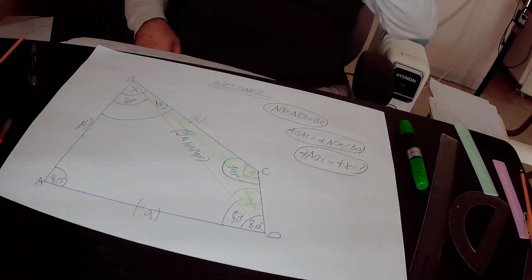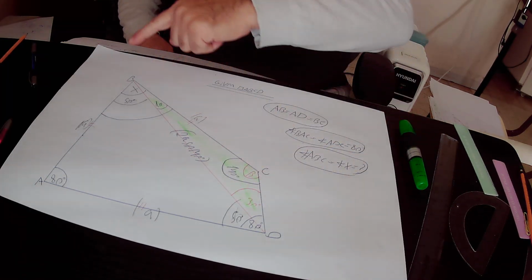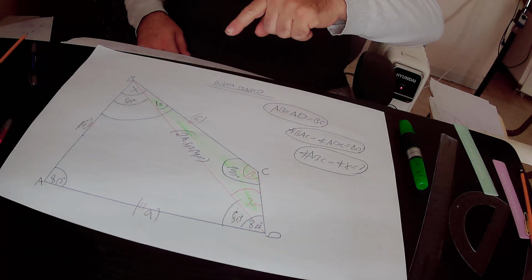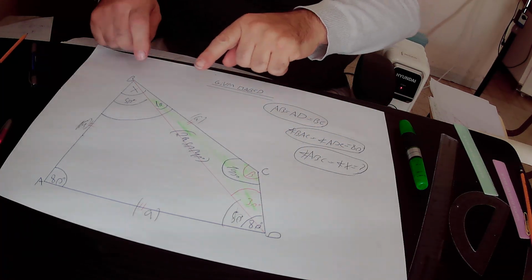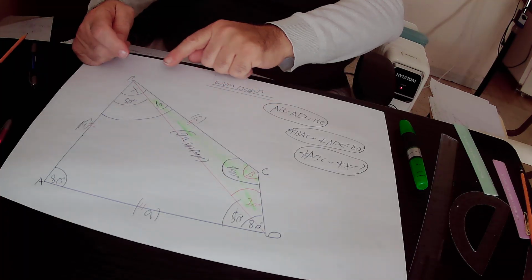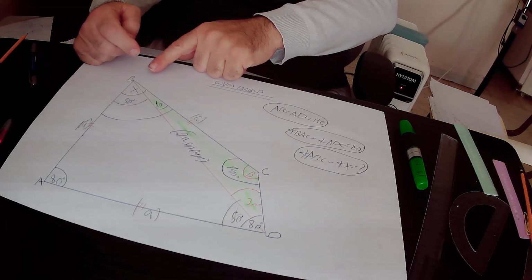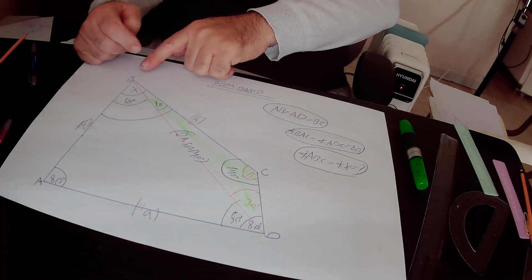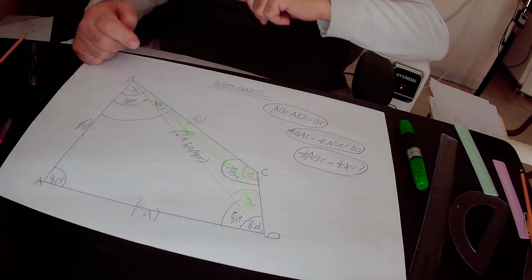So first of all, we join points B and D together by a straight line. By joining points B and D, we divide this quadrilateral ABCD into two parts. The first part is the green right triangle BCD, and the second part is this right triangle BAD.